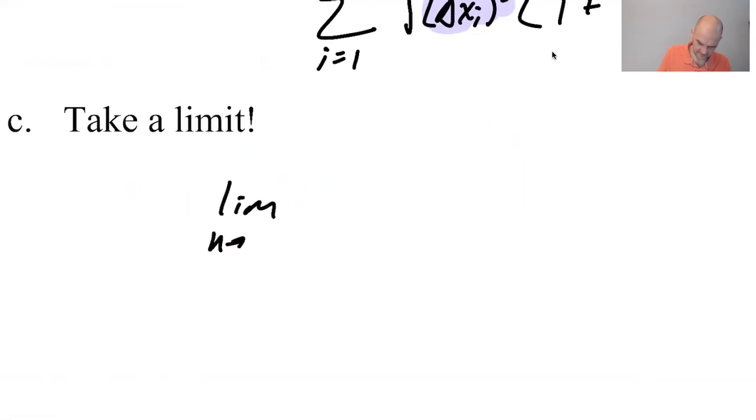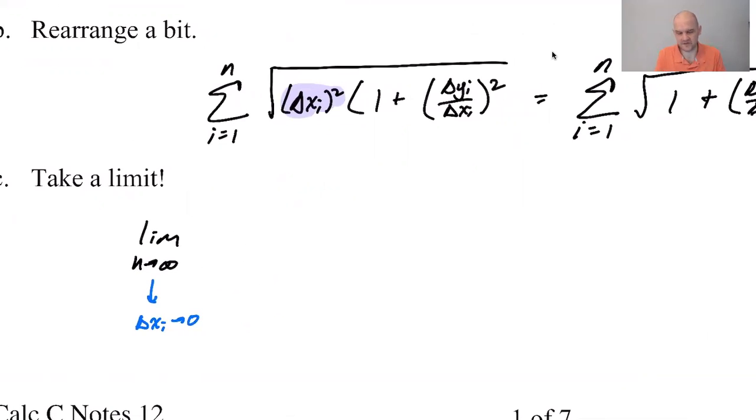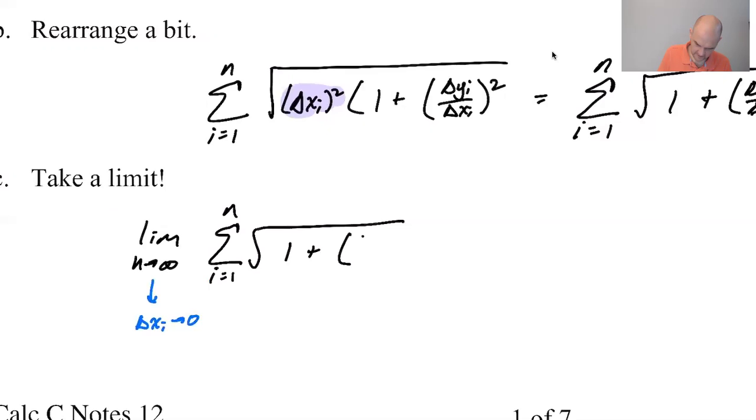Now, if we take the limit as n approaches infinity, this means that delta x sub i approaches 0, right? Because we're dividing a fixed amount by infinity now, so it's gone to 0. This thing, square root of 1 plus, is really a Riemann sum type thing.